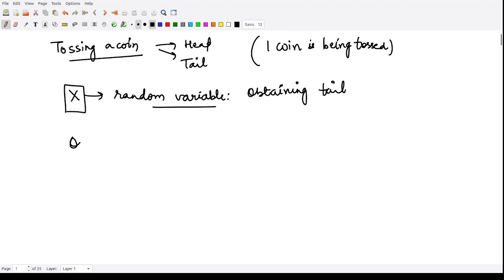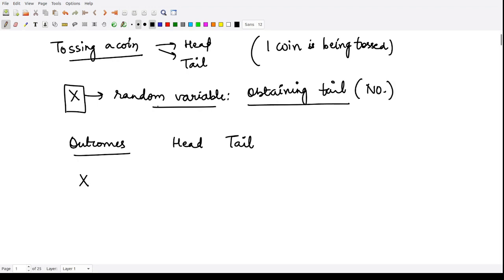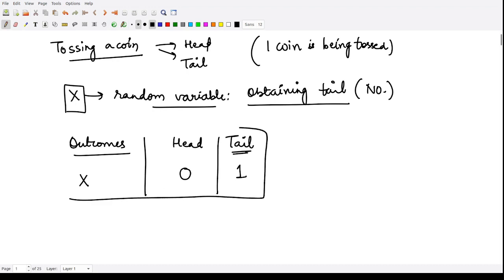Here you have only two outcomes, head or tail. We are counting the number of tails as the random variable. If you obtain head, there is no tail, so you assign 0, and when you obtain tail, there is one tail, so you assign 1. This is one example of assigning a random variable.